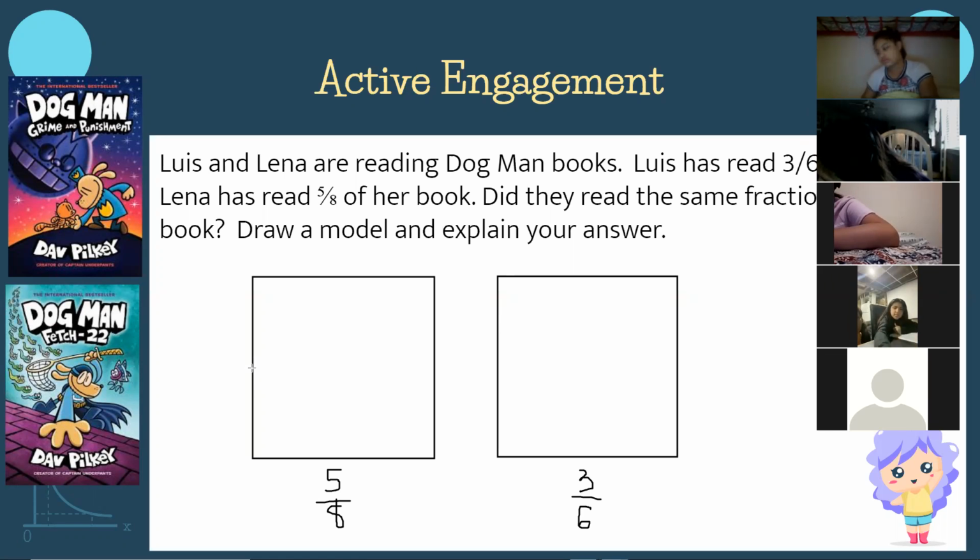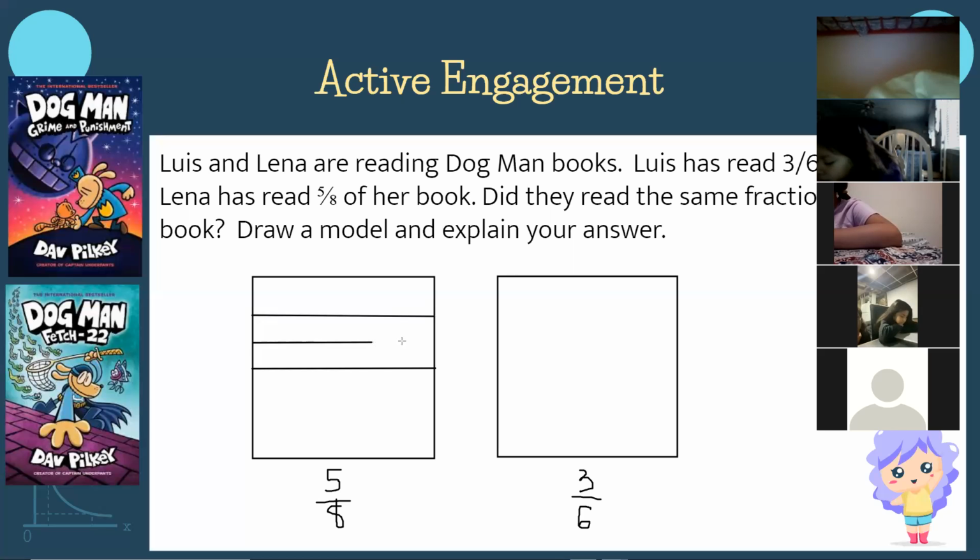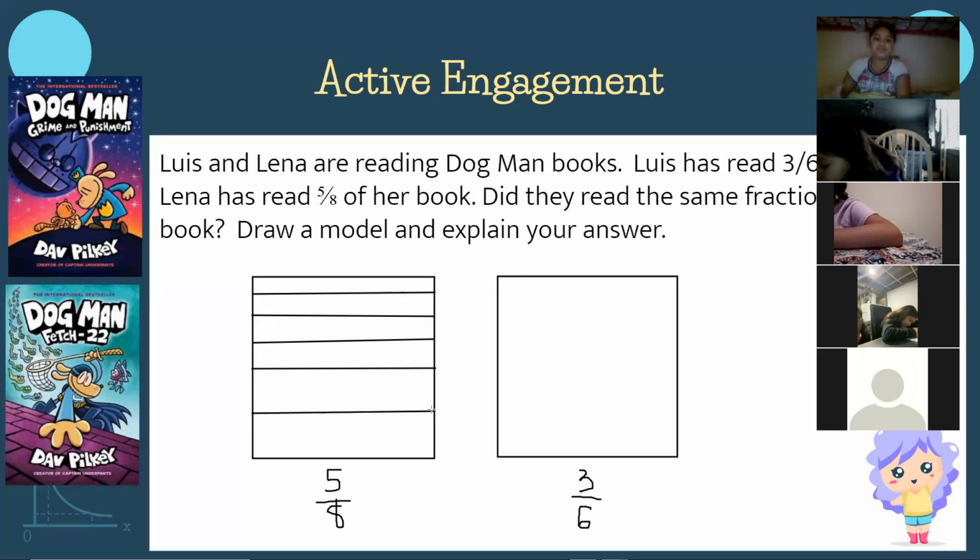I'm going to go ahead and start partitioning my square. If you are behind, then you can check my model to see if you're correct. Make sure that you are trying to get equal pieces. We did a lot of practicing with that.